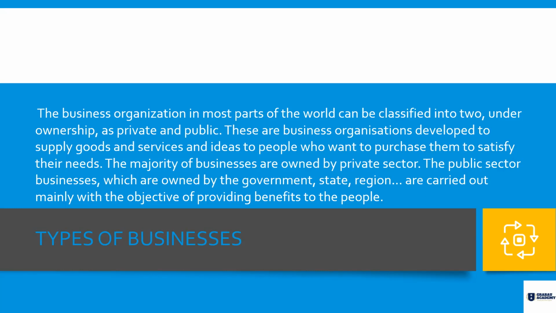Mainly, these companies are pursuing a profit objective. There are also other companies, public ones, which are owned by the government, state, and region, and they are carried out mainly to provide a benefit to the people. So, for example, there are private hospitals and there are public hospitals.